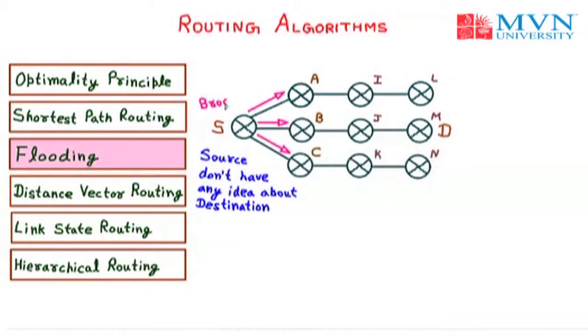So the source will send the broadcast message to nearby routers except itself.